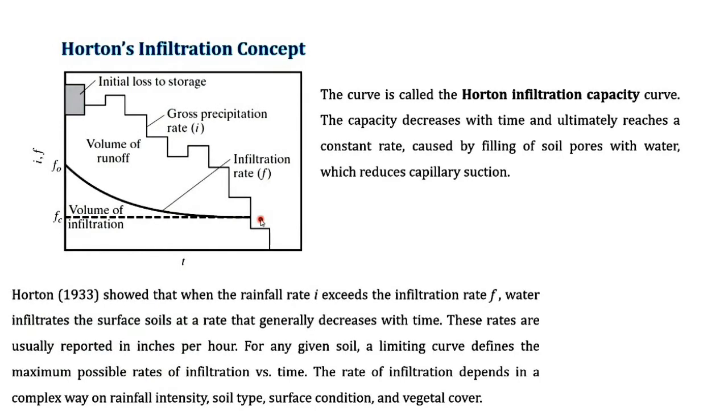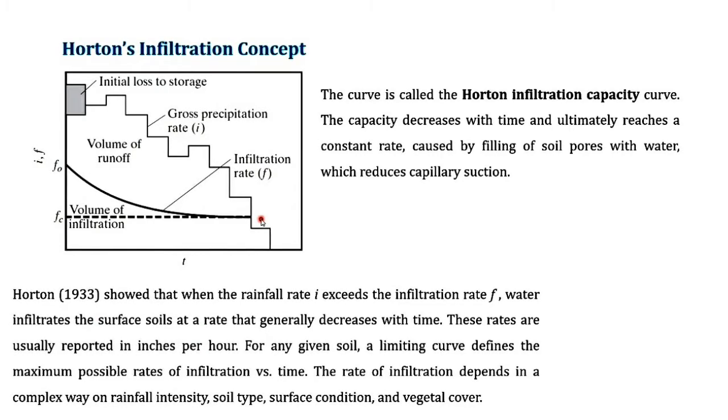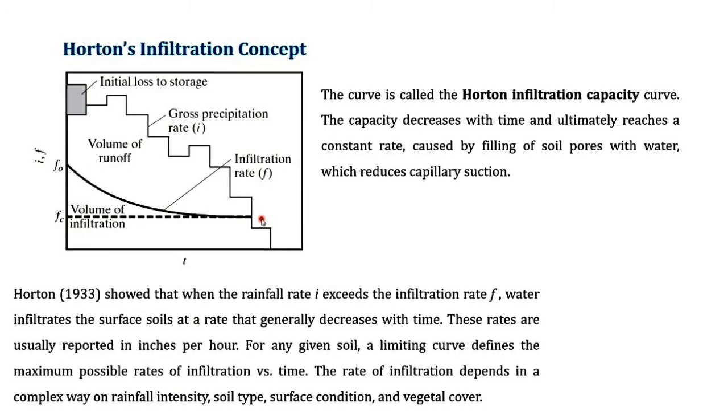Next is ay yung initial loss to storage. Ito naman yung mga ulan na hindi nasisipsip ng lupa o nag-evaporate dahil nga sa init ng lupa. At pwede rin dito yung mga patak ng ulan na nasa dahon ng mga puno o damo na tinatawag na canopy interception.